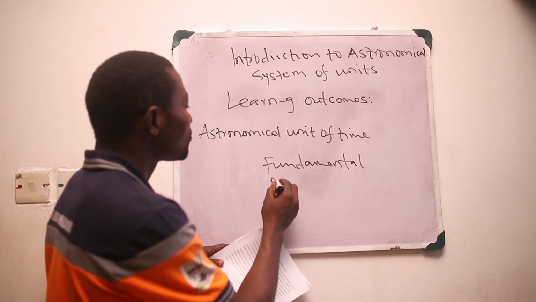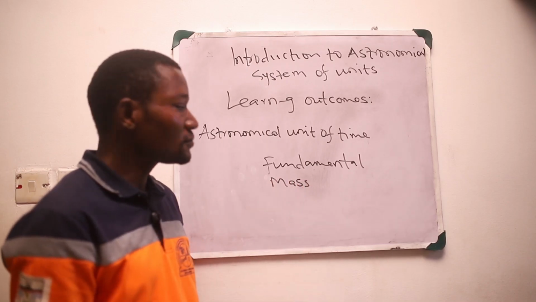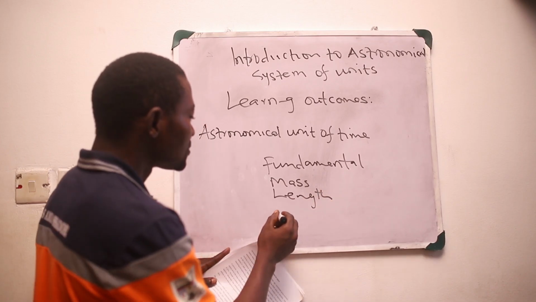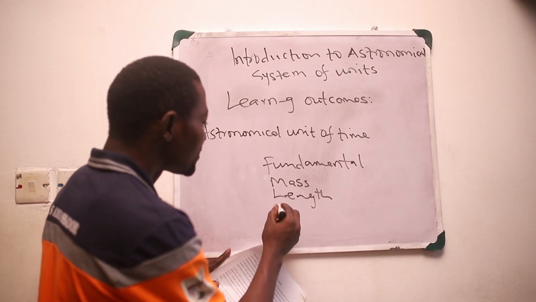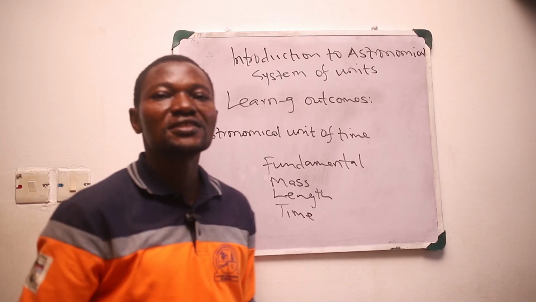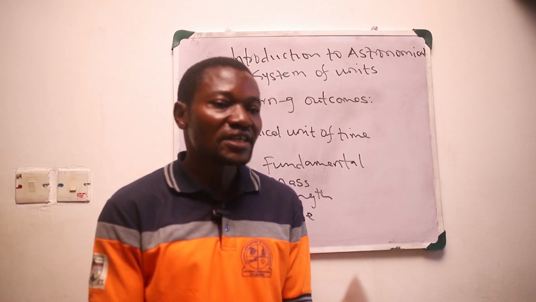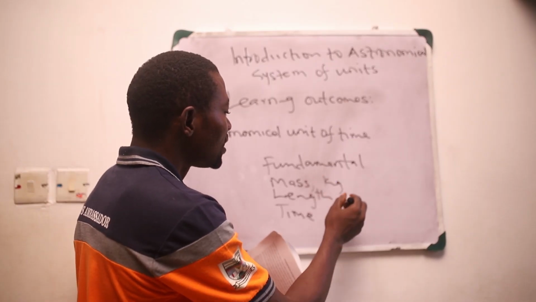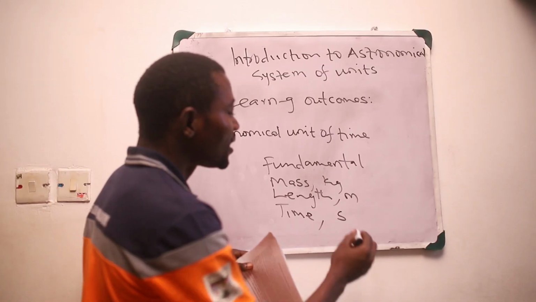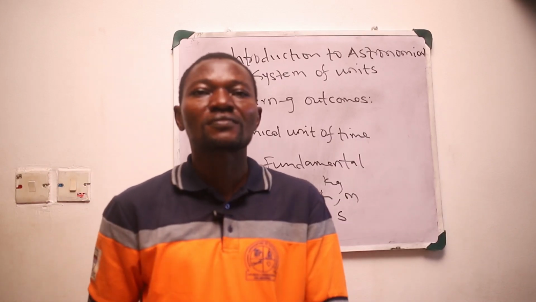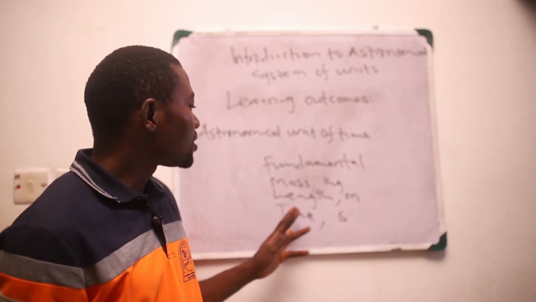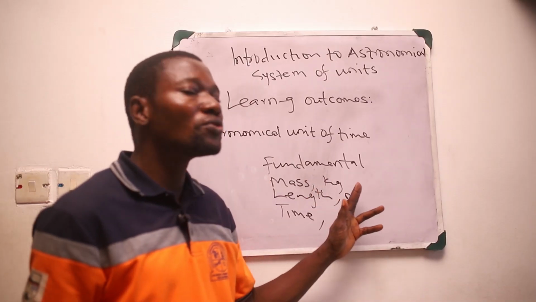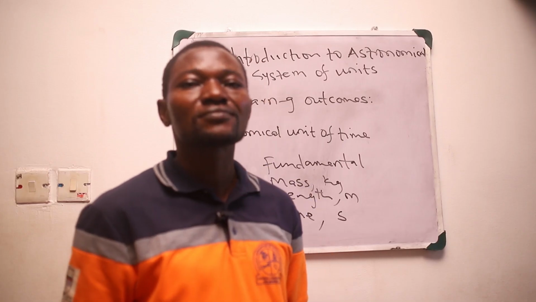The three fundamental quantities are the mass, the length, and the time. These are the three fundamental quantities with their respective units. The mass is kilogram, the length meter, and the time in seconds. So these are the fundamental quantities that we have, and each of them has its own derived unit.